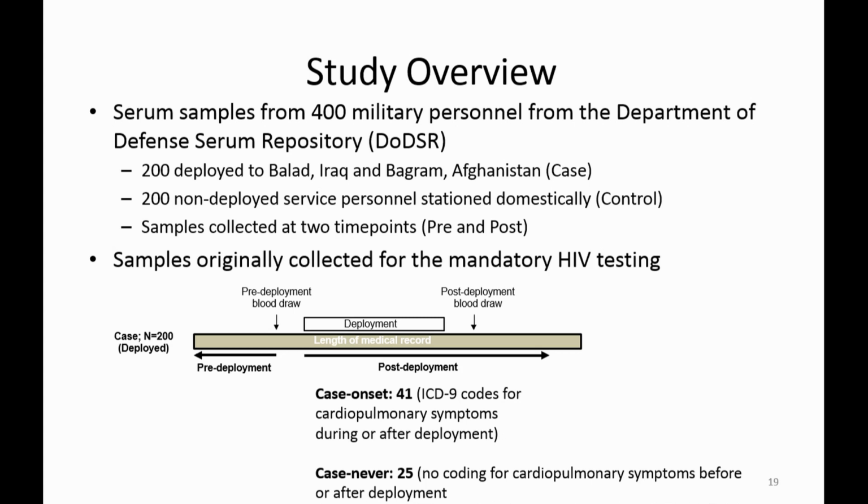That gave us 45 cases that developed a cardiopulmonary symptom during or after deployment, and 25 cases that did not develop any of these cardiopulmonary symptoms at any point, either before or after deployment. So in this analysis, we use the 41 deployed personnel who developed cardiopulmonary symptoms and 25 who did not.